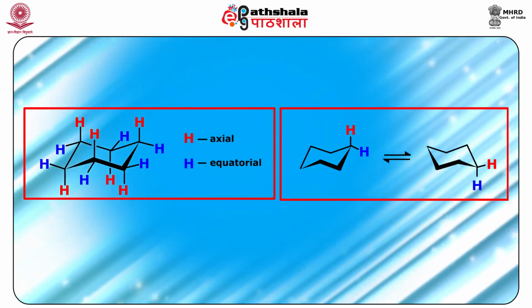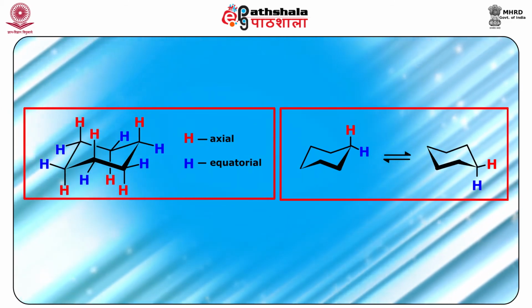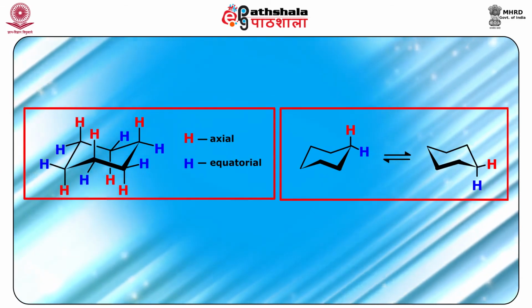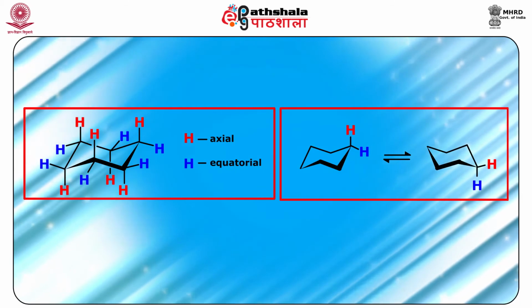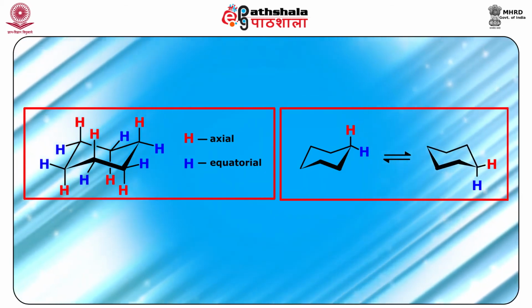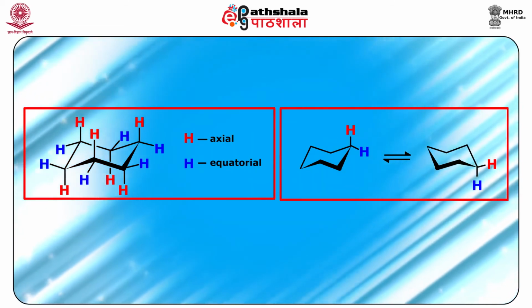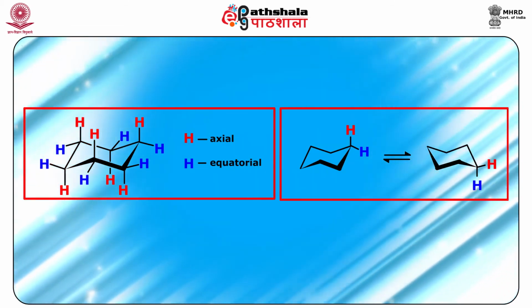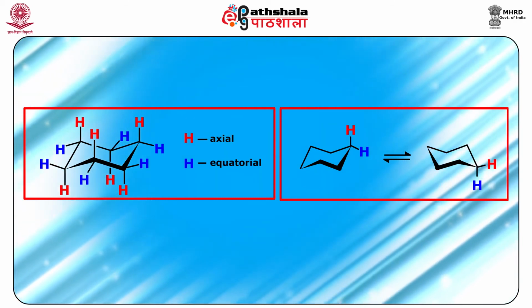If the sample is cooled to minus 100 degrees Celsius, ring flipping occurs at a very slow rate and separate signals are in fact observed for the axial and the equatorial protons. Now you can see the axial and equatorial protons in the figure given, and at very low temperatures separate signals are observed for both of these two.